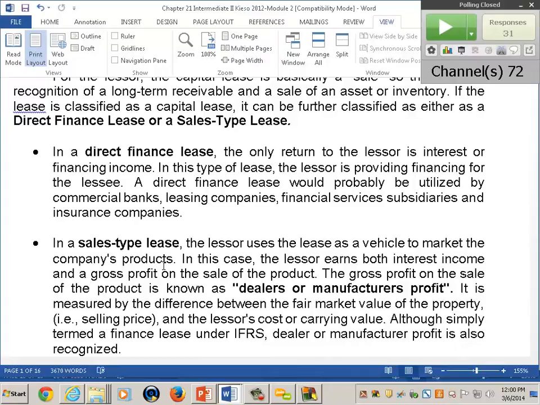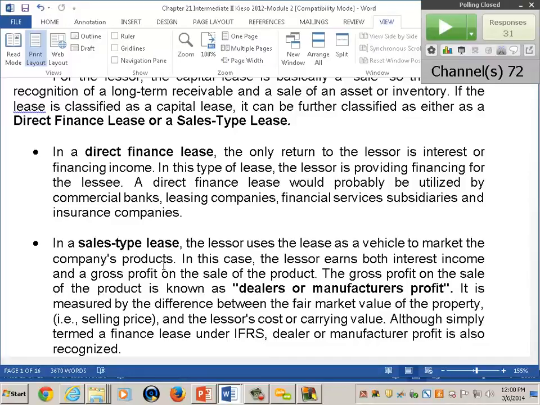Only interest revenue is earned. There's no markup. So, if you think about it, a commercial bank buys an asset at selling price, at fair value.